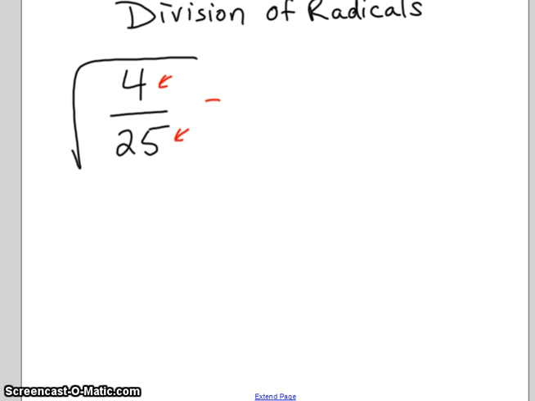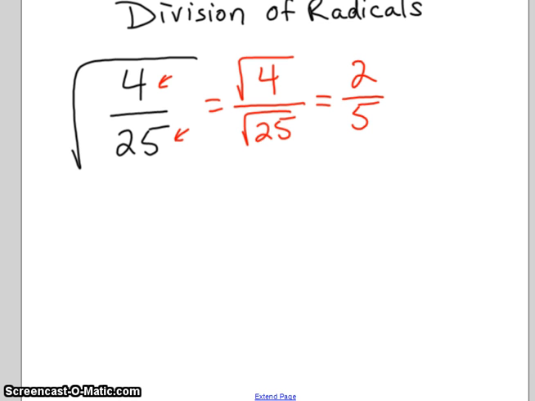So we have to take the square root of both. Just so happens these are both perfect squares. The square root of 4 is 2, and the square root of 25 is 5. Can you simplify that? No, so there's our answer.